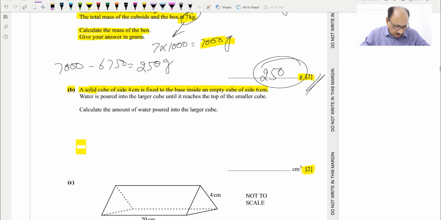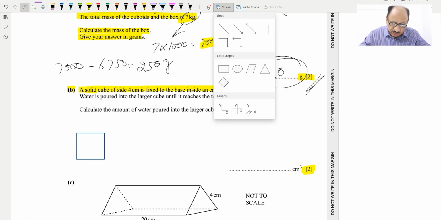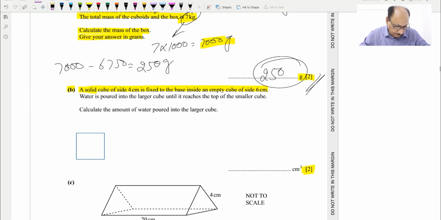So it's a smaller, basically I'll have to take the other option. Okay, now I will be drawing this. This one is a smaller cuboid, and the bigger one is like over here, another cuboid.